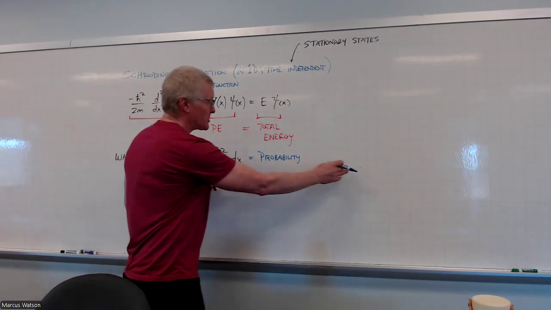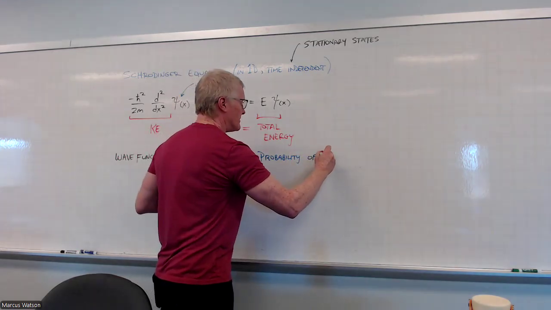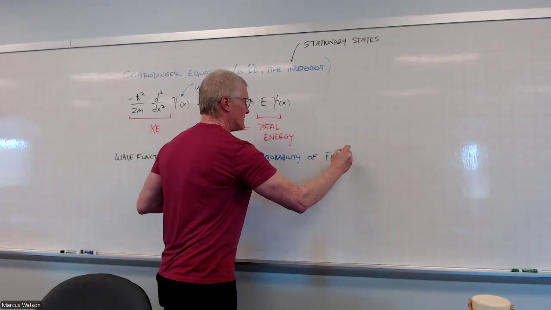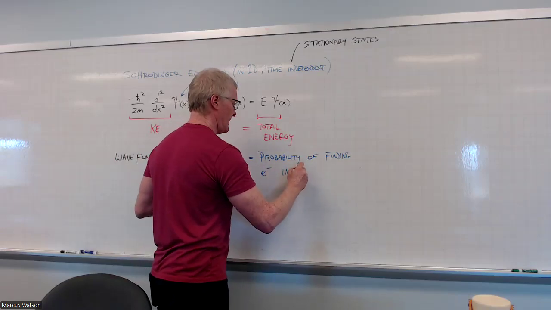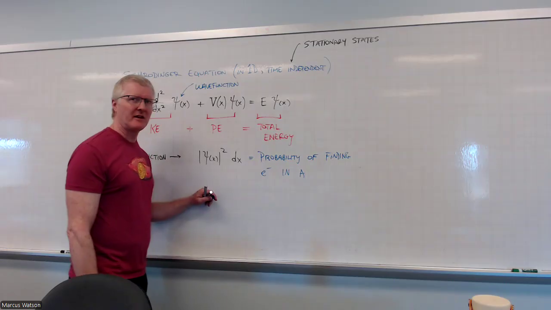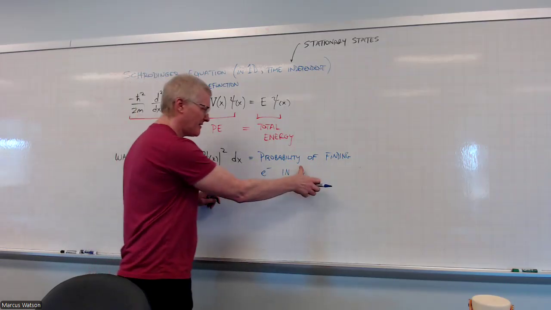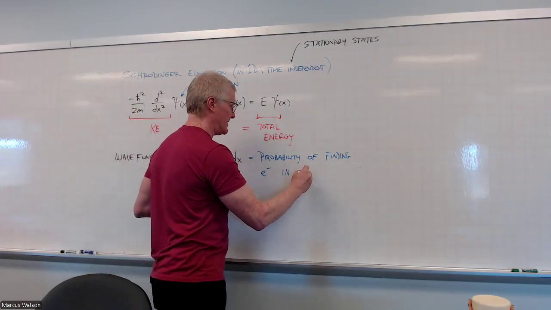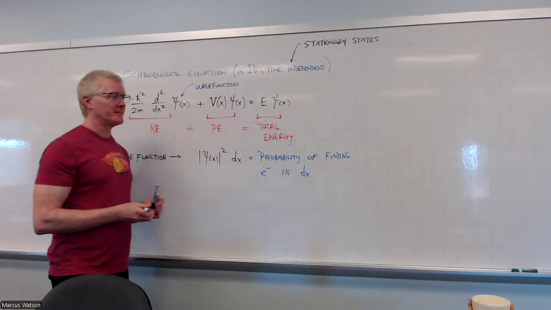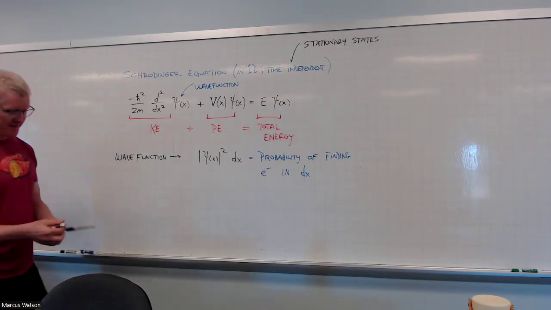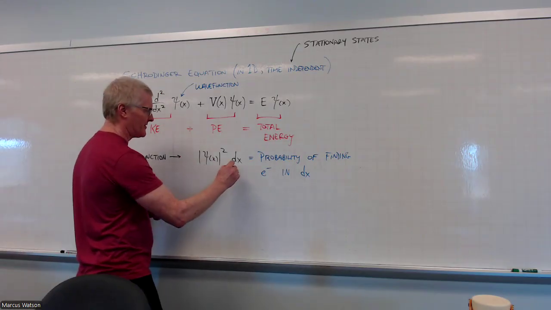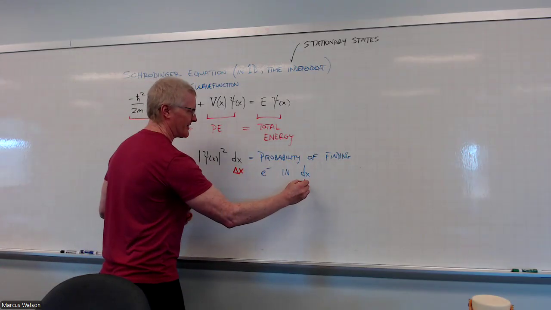Probability of finding that electron in the length, I'm just saying dx. It's the probability of finding the electron in dx, such that if this was a delta x, then this would be a delta x.